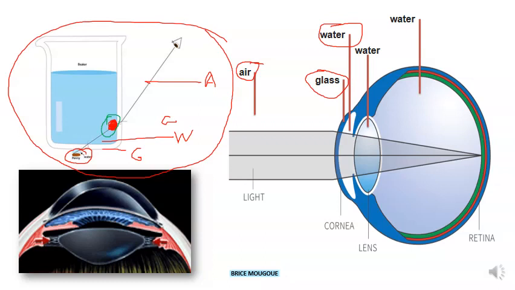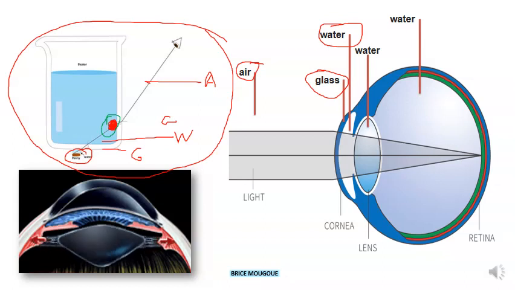Now, accommodation. Back to accommodation. The process by which the eye is able to bring images of light from objects that are either far or near to a focus always. That's our accommodation. How will it then do that?